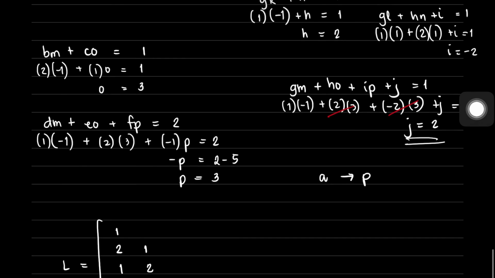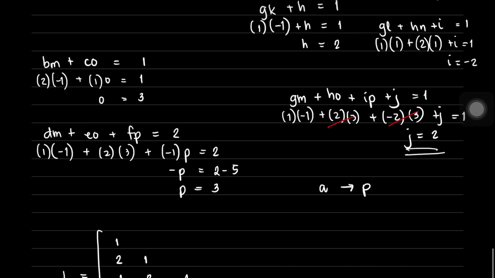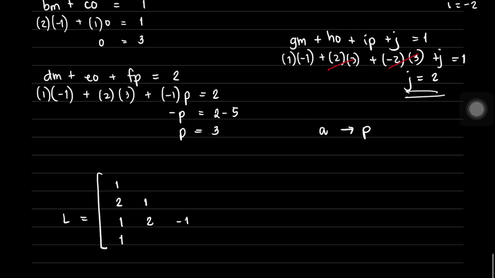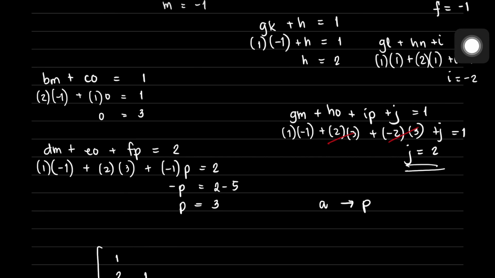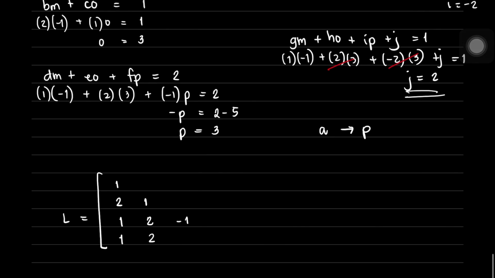F is equal to negative 1. G is equal to 1. H is equal to 2. I is equal to negative 2, and J is equal to positive 2. The upper part of this matrix is all equal to 0.